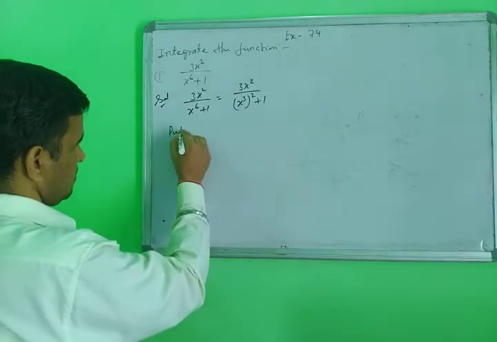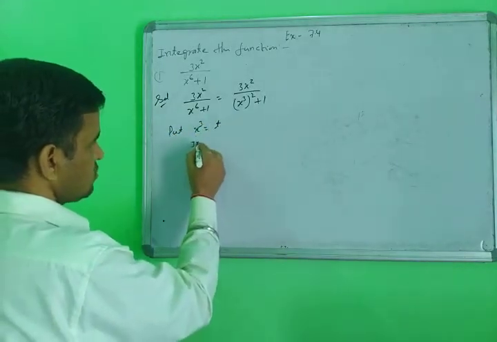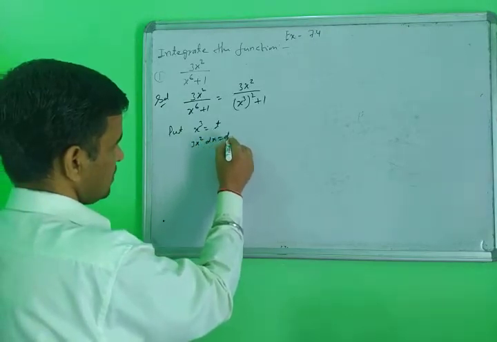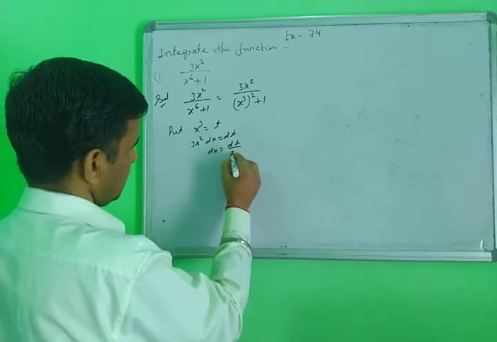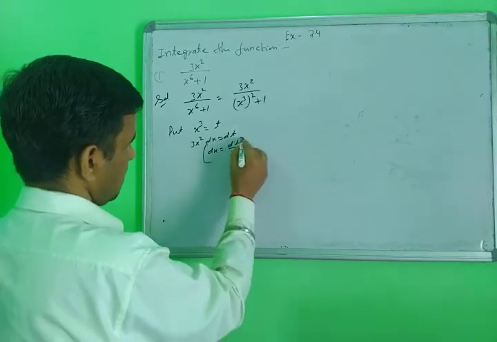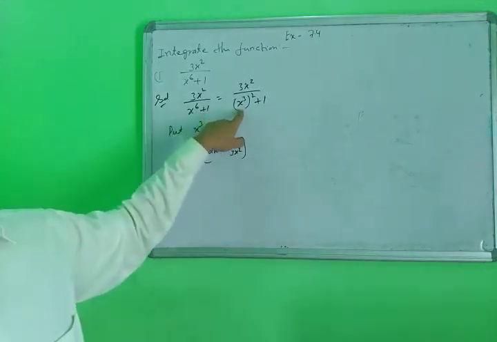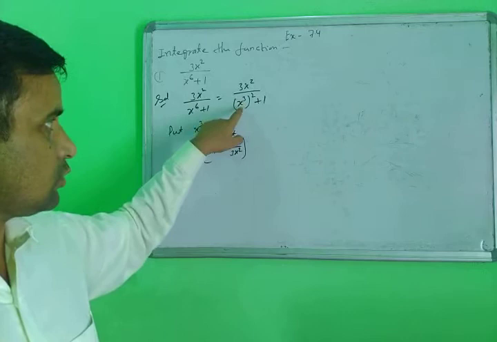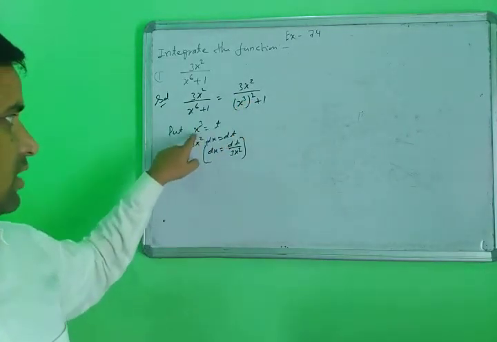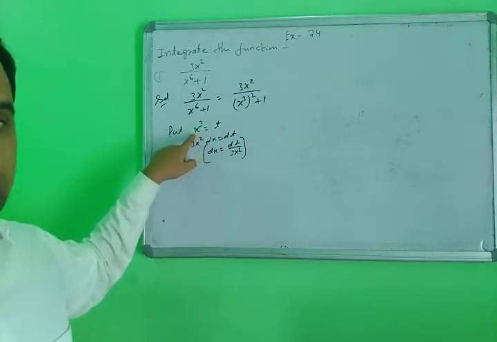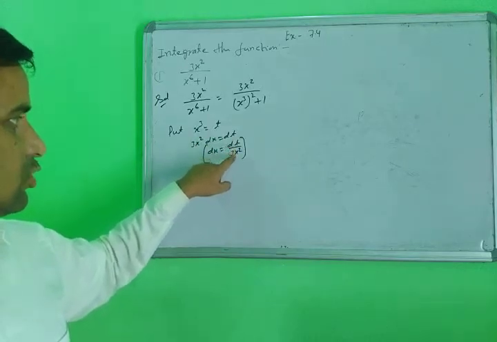Put x cube equal to t. Differentiating, 3x square dx equal to dt, and dx equal to dt over 3x square. First of all, you break this down, after that you substitute only x cube, not square, here. This is t.